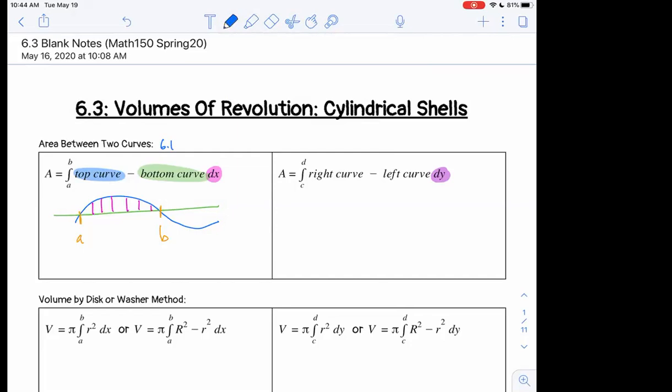Yeah, I could take this picture and sort of turn it sideways, so to speak. Then I would have a curve that was kind of like this, and another curve. And this time when I draw lines where one curve is always on one side, I have a situation where I have a right curve and a left curve.